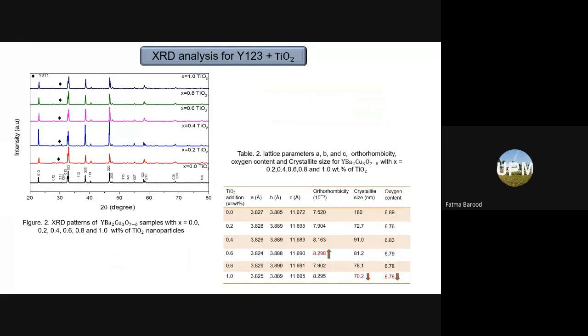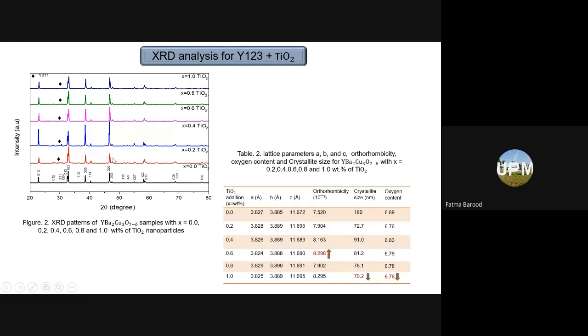Now, XRD for titanium oxide addition. The figure shows XRD patterns for pure and titanium oxide added YBCO samples. The analysis indicated orthorhombic Y123 structure for all samples with a small amount of Y211 secondary phase. No peak related to titanium oxide was observed.